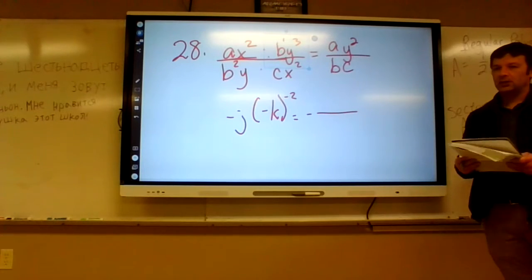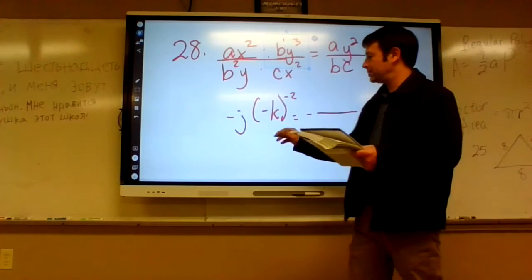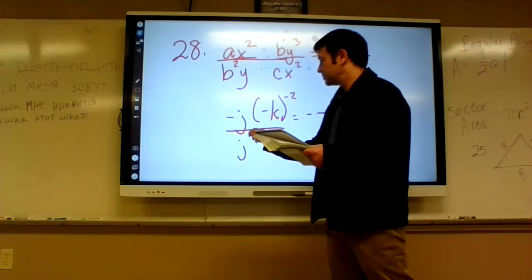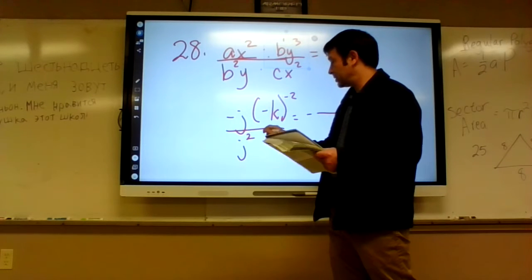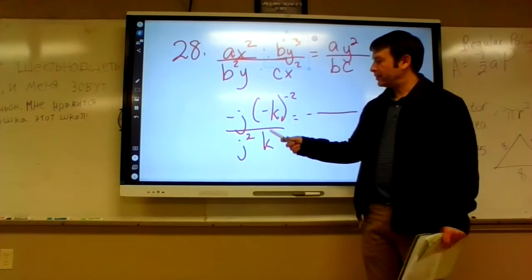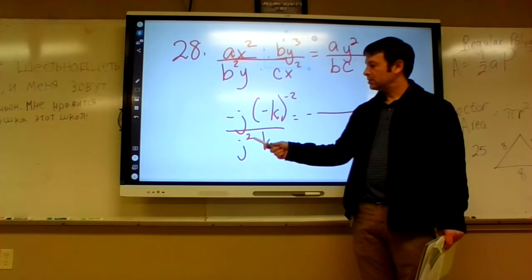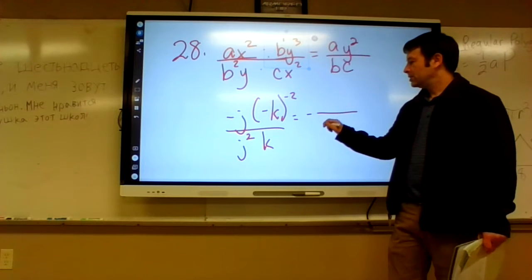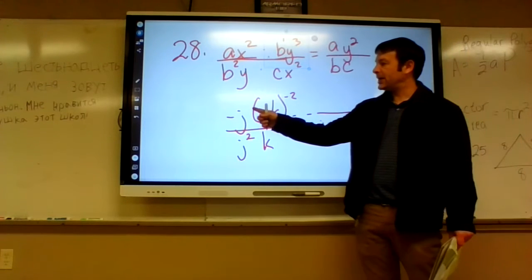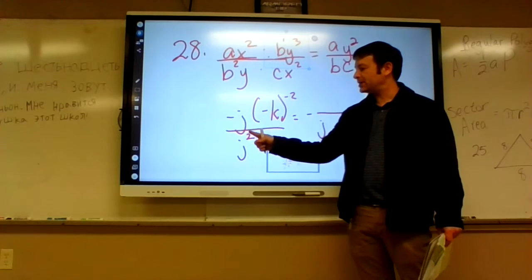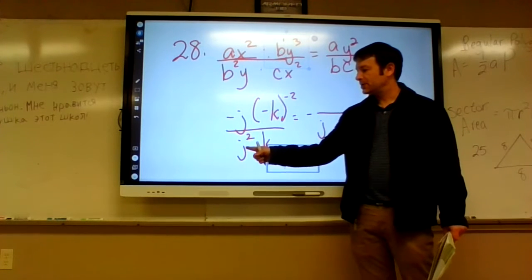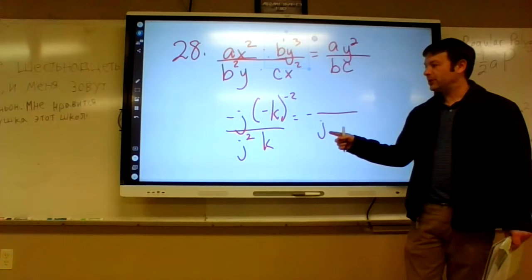As far as the letters go, I see a J squared and a K. What do I have with the J's? 1 minus 2, negative 1, so a J on the bottom. This J is canceling out with one of those J's, and that leaves a J on the bottom.